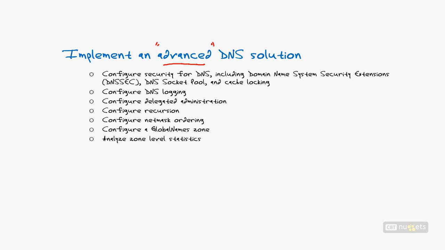So I'm going to try something different here, and we're going to go through each of these topics one at a time. Let's start with the assumption that you already have a DNS solution in place. I assume that you do because you have Active Directory already up and functioning.